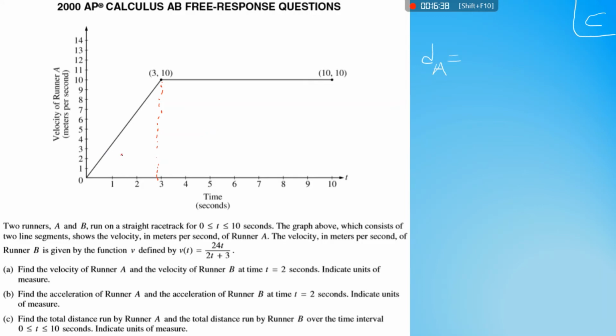So what's my area for this part? 15. And what's my area of the other part? 100. Not 100.